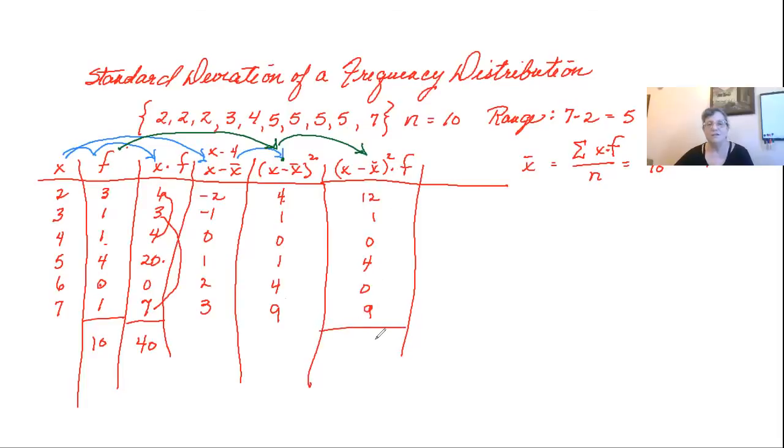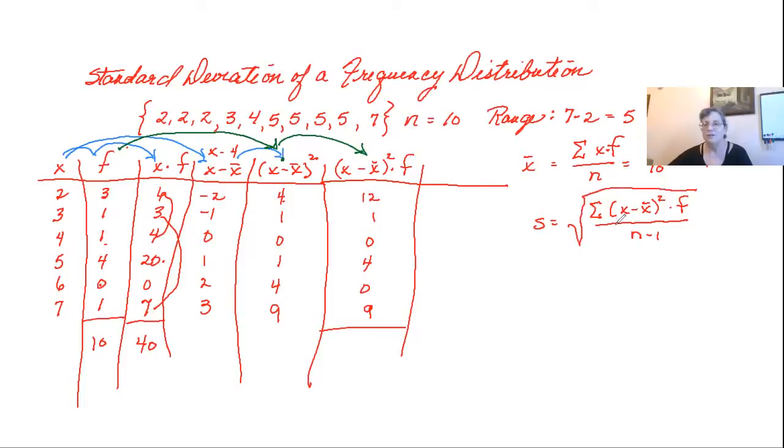I need to get this sum. The formula we're looking for a frequency distribution is that we're going to take the sum of the x minus x bar squareds times the frequency. Again, we're going to divide that by n minus 1, and again, we're going to take the square root of the whole thing.